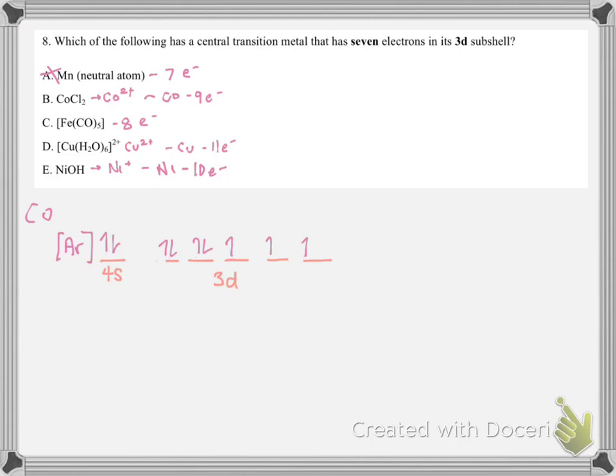And so, because we have cobalt 2+, we're going to have to get rid of 2 electrons. And so to do that, we're going to erase the electrons in the 4s subshell. And so then after we do that, we're left with 7 3d electrons, making this the correct answer.